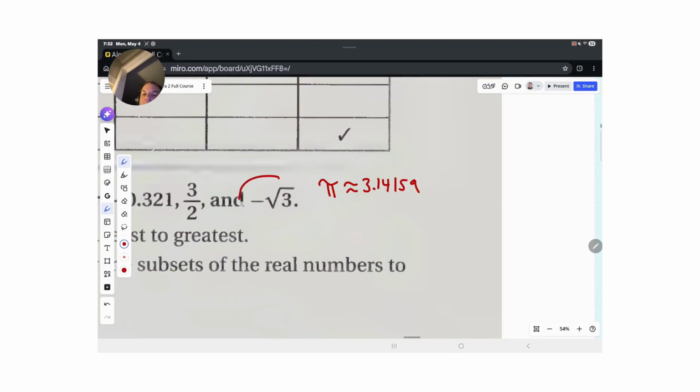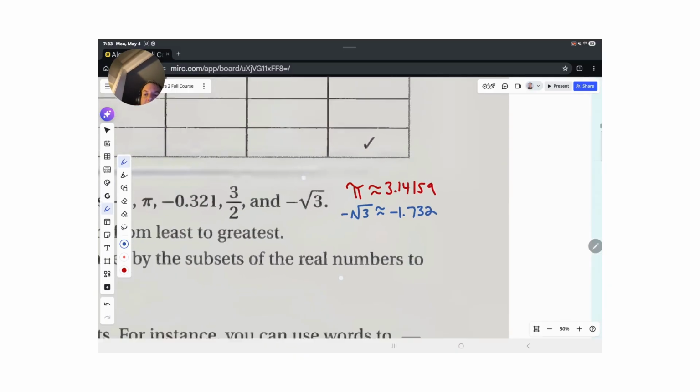And what about our negative square root of 3? If we put that into the calculator, it is approximately negative 1.732.